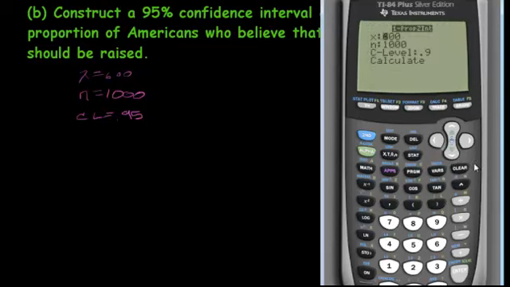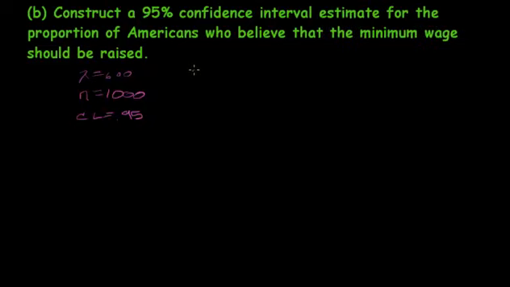Enter. Our 600 and 1,000 are still there. We'll come down to the confidence level and change that to 0.95. And calculate. This time we get 0.5696, so that would round to 0.570 and 0.630. So 0.570, 0.630. And again, if you'll go back and check, you'll see that is exactly what we got with the calculations.